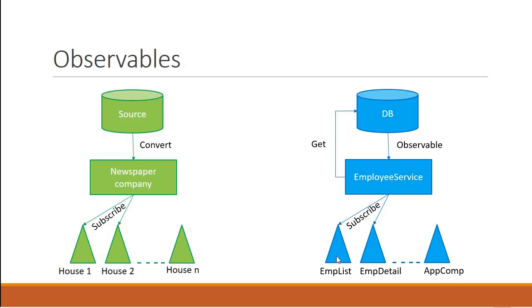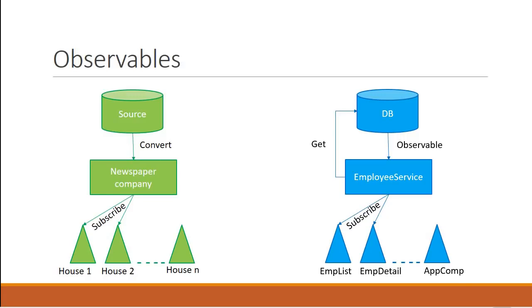The employee list component might decide to display just the name of the employee, whereas the employee detail component might decide to display the complete information about the employees. Well, this is pretty much the best analogy that I can give you to help you understand the concept of observables. And don't worry, this will make a lot more sense when we write the code in the next video.